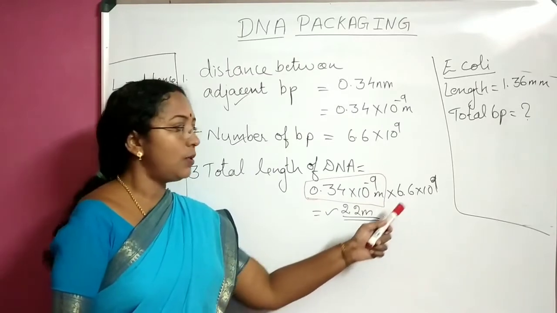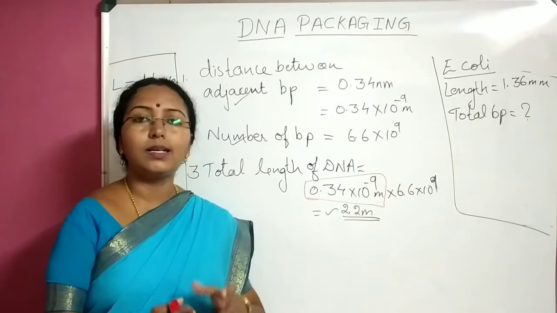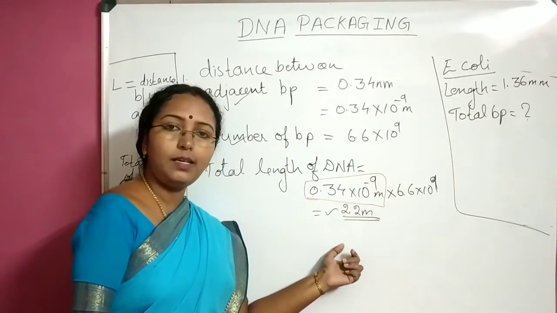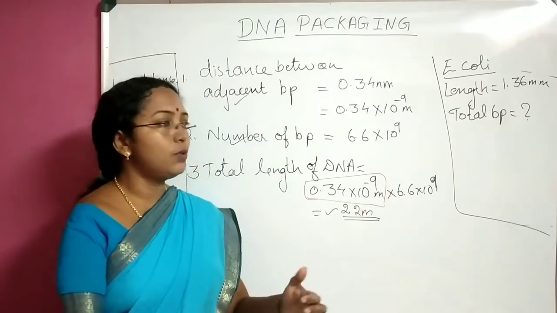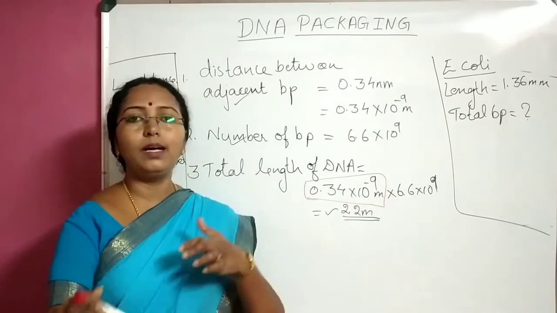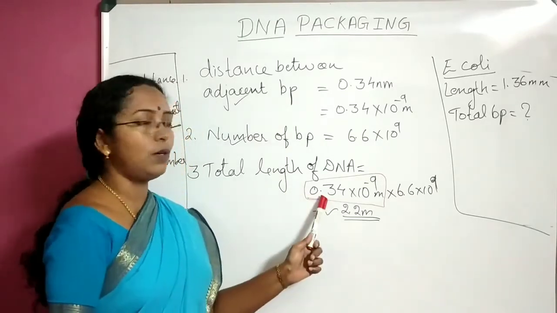Any one can be a question for you. Either in the board exam they will ask you to find the total length of the DNA, or they will ask you to find the number of base pairs. Just put it in the formula and divide or multiply accordingly, because this value is constant.